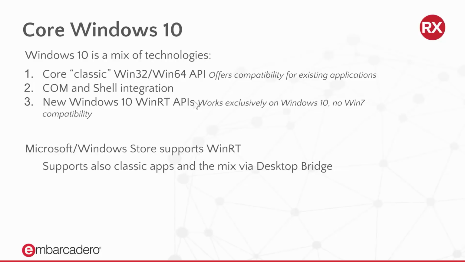Now, there's another area that I won't discuss in detail, but even the core classic APIs can be distributed through the Windows Store or Microsoft Store because it supports the Desktop Bridge, which is a technology that allows you to take an existing Win32 app and distribute it on the store.